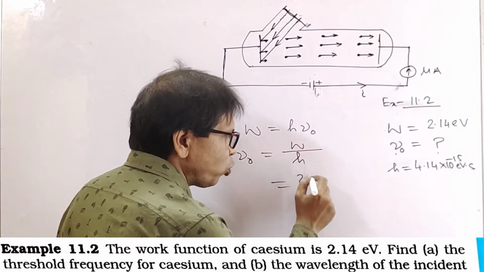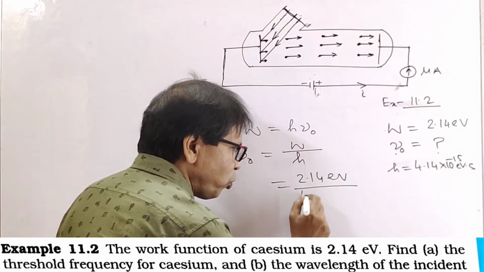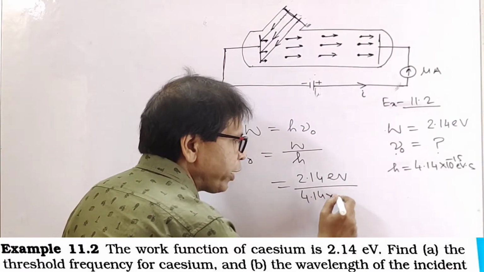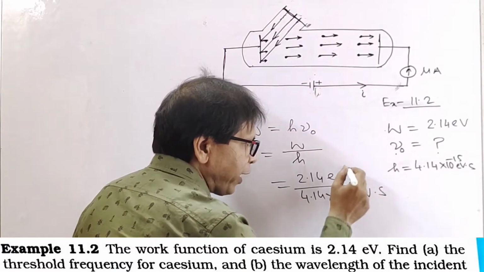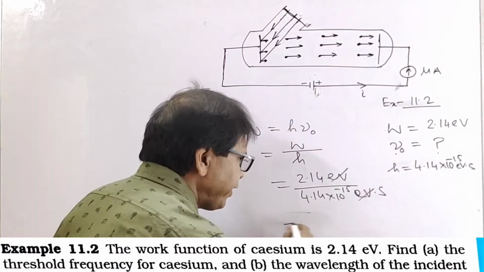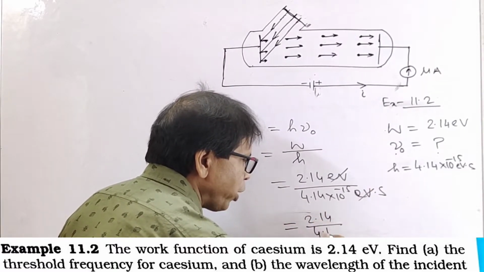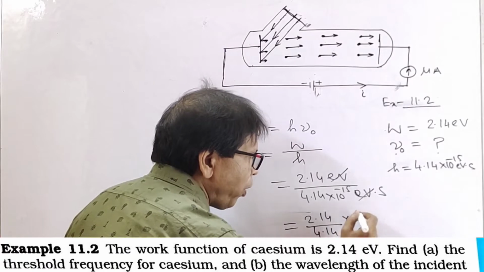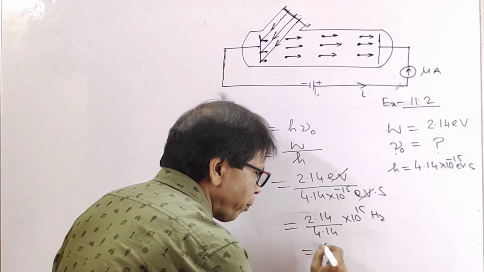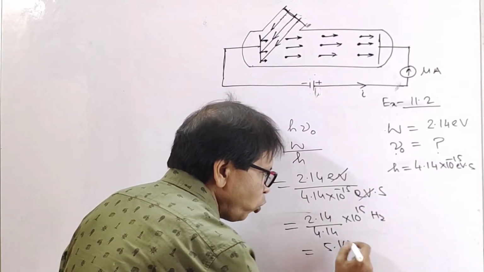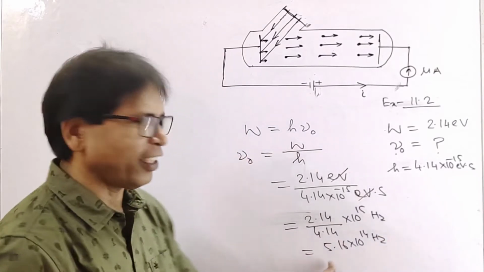Now W is 2.14 electron volt and this is 4.14 into 10 to the power minus 15 eV second. Look at this, and this cancel out. This equals 2.14 divided by 4.14 into 10 to the power 15. Okay, this is hertz. Therefore, this is 5.16 into 10 to the power 14 hertz, the threshold frequency.